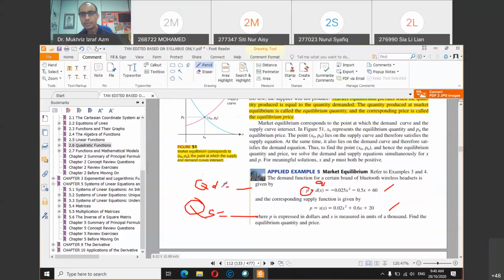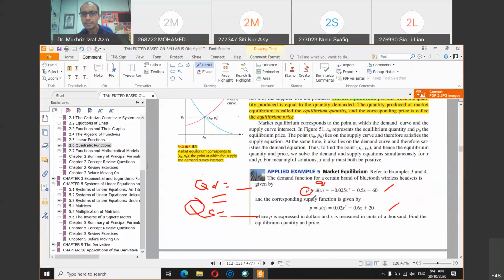When you equate, you say QD equals to QS, correct? When you learn Principles of Economics this semester and want to find the equilibrium P and Q, usually you are given the demand function QD equals to something, and the supply function QS equals to something. You solve the problem by equating QD to QS.